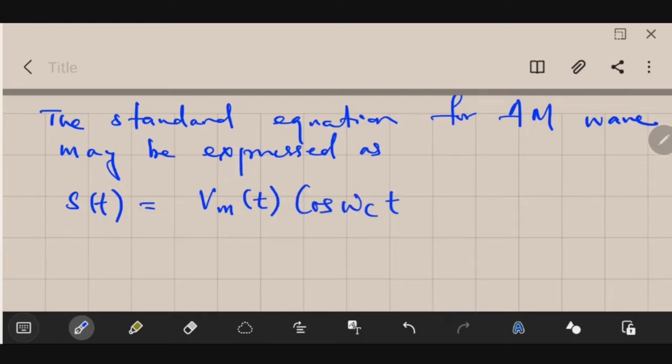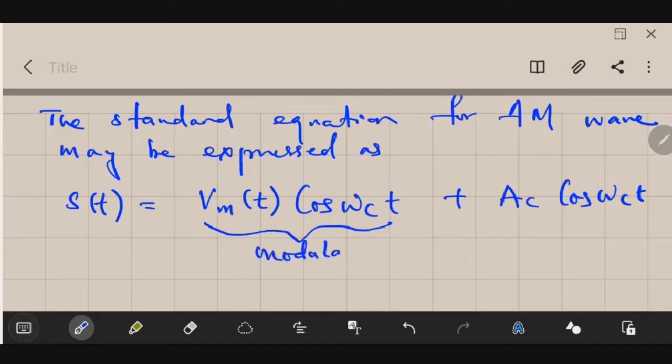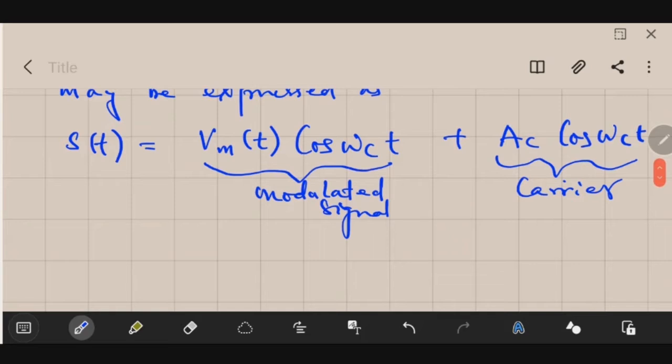So this is basically the modulated signal multiplied with the carrier, the product term, plus AC cos omega ct. Okay, so you could see this is the modulated signal or the product signal, and this is basically the carrier that is present. Okay, so that's why the equation for amplitude modulated wave looks like this.